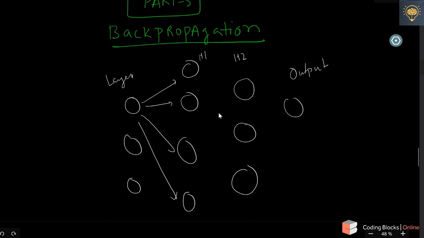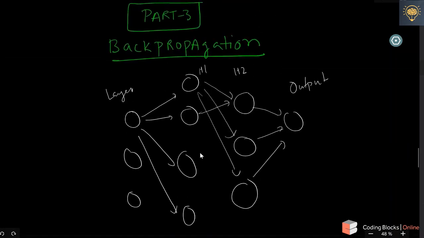This is how your network looks, and I'm not going to draw each and every edge here, because we are going to understand backpropagation and we would be using small diagrams wherever needed. So this is your network, and what you get from the output is some prediction y hat of i, or let's say the final activation value.